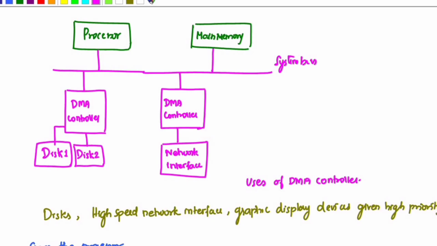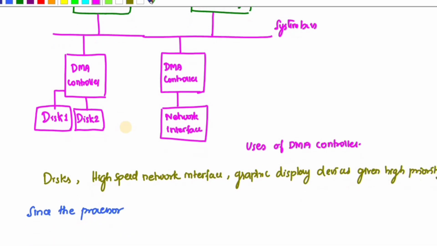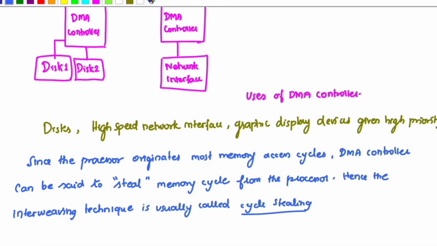The disk controller will control two disks, disk 1 and disk 2. It also has DMA capability, and it provides two DMA channels. Therefore it can perform two independent DMA operations, if each disk has its own DMA control.